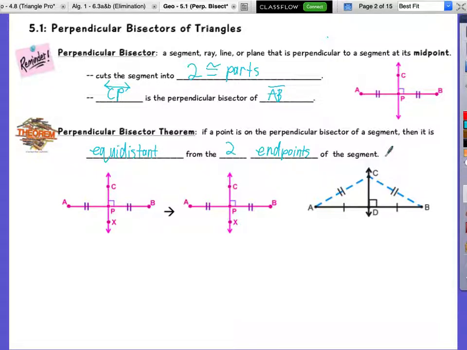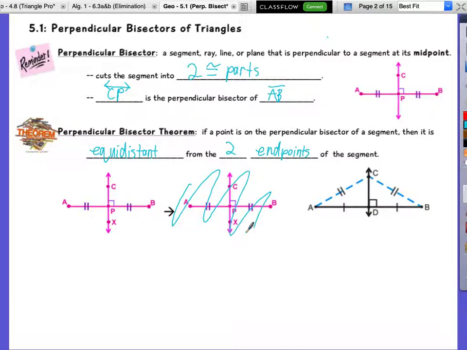Okay. Let's focus on this far left image. So here, we're going to ignore this part. This is the same thing we had up here, except we added in an X, right? We're saying X is on this perpendicular bisector CP, correct? We said line CP was our perpendicular bisector. It's on that.